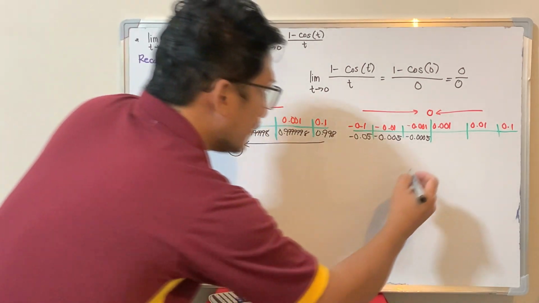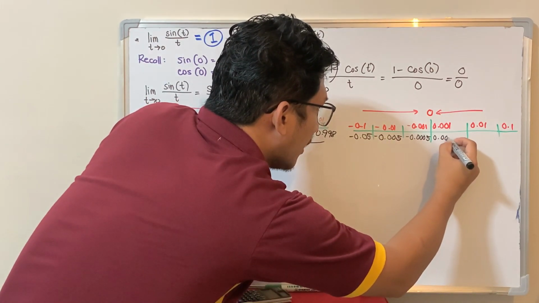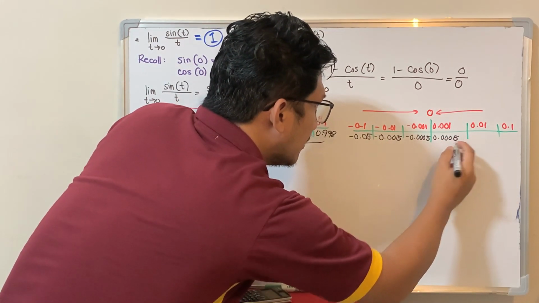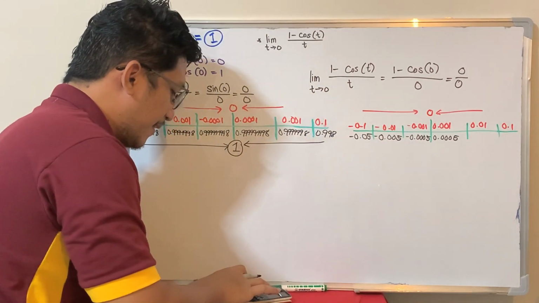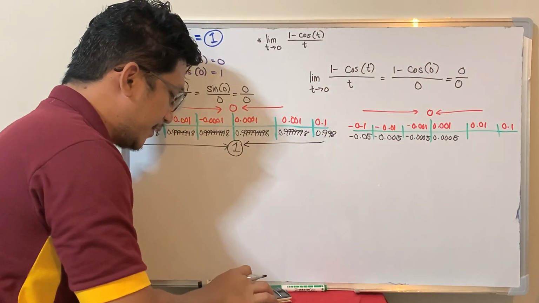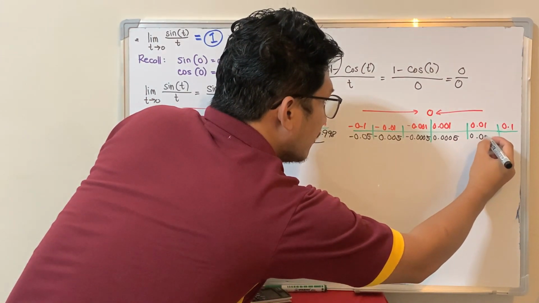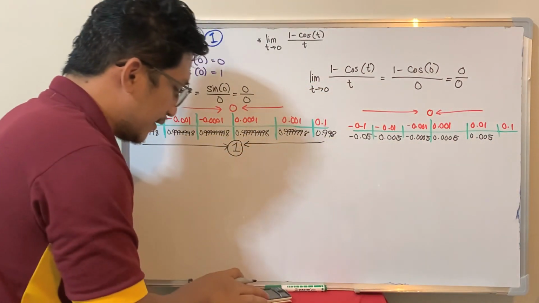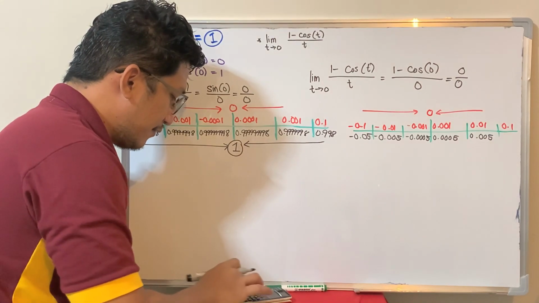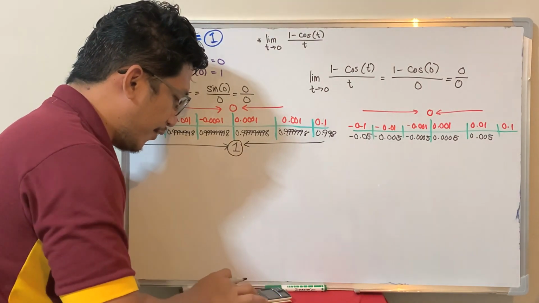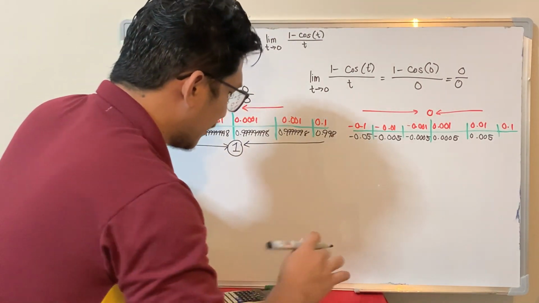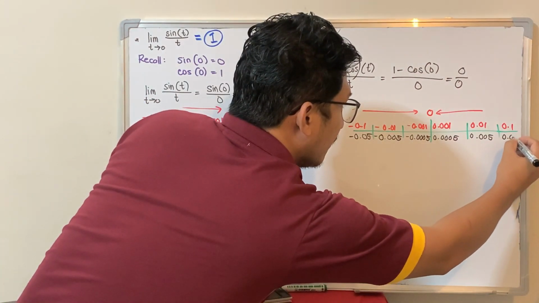Same, this is 0.0005. Again guys, I already rounded off, so you have 2 decimal places, 0.005. And lastly, we have 0.1, so you have 0.05.